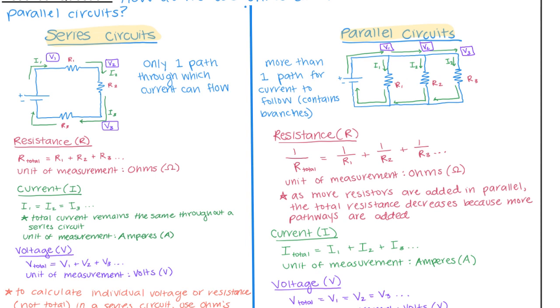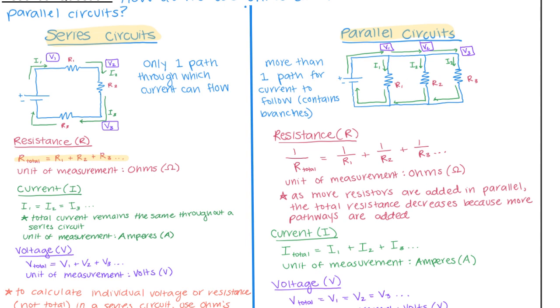In a series circuit, the total resistance of the circuit is going to be equal to the sum of the resistance of all of the resistors. You'll see on this series circuit, there are three resistors right here. So we've got R1, R2, and R3. We're just going to add their resistance together to get the total amount of resistance of the circuit.